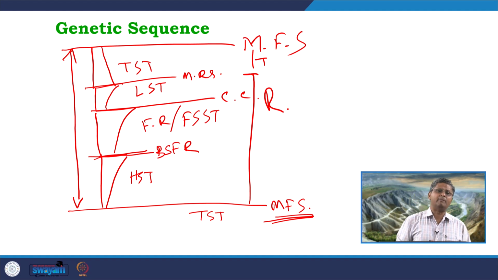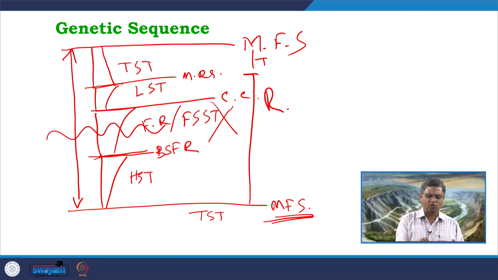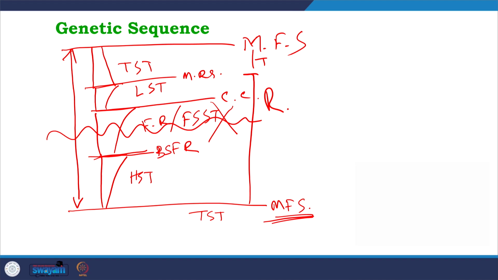However, in the marginal marine part or the fluvial part, this FSST part may be absent and replaced by a major unconformity surface lying in between. So, when we define a genetic sequence from the marginal marine part or the continental side, again it will be from one MFS to the next MFS, and it will be a package of HST, TST, LST and an unconformity surface. This is how a genetic sequence is defined.